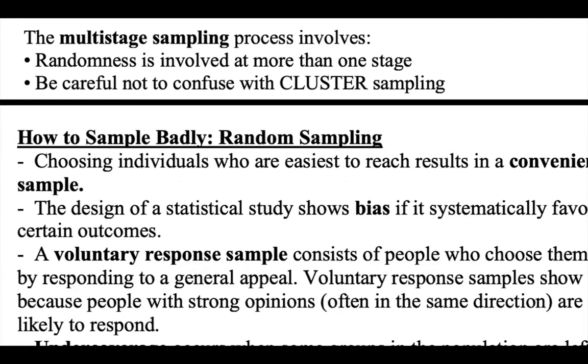Okay, so multi-stage is this. You start with a big group. Randomly pick some from there, so the group is smaller. Randomly pick some from there, group gets smaller. Randomly get some from there. You just keep going down and down until you have a manageable group that you can handle. You see this one almost all the time.